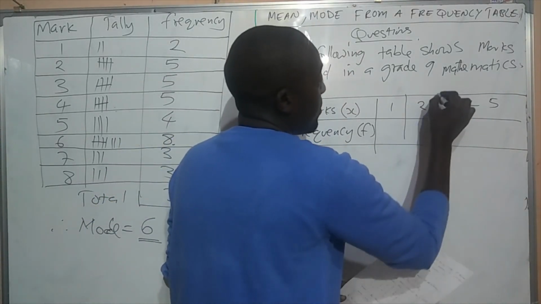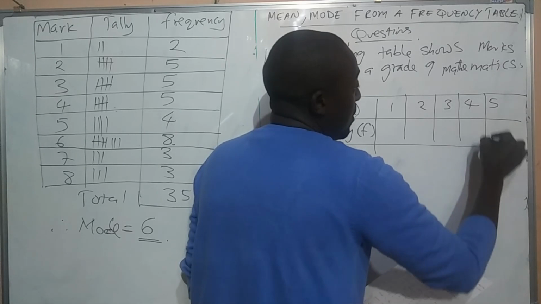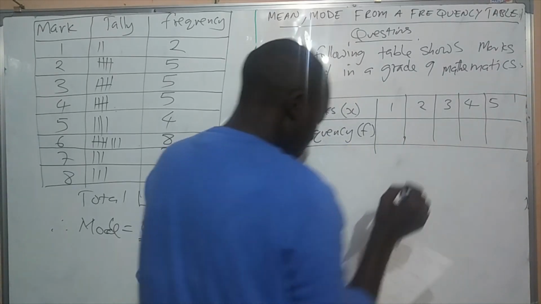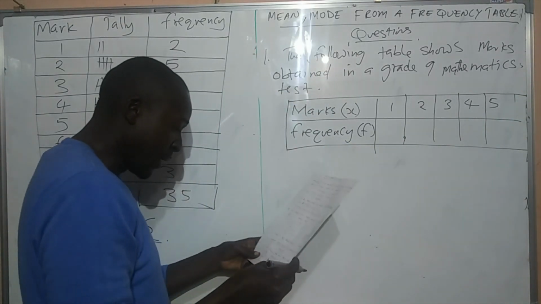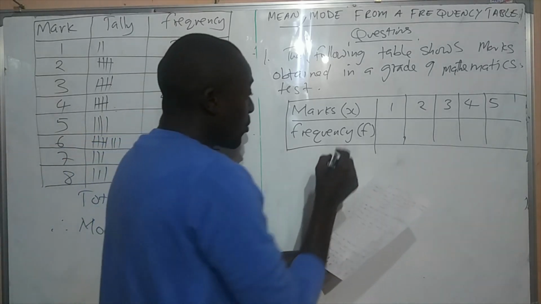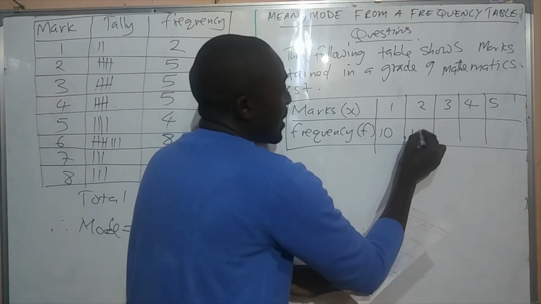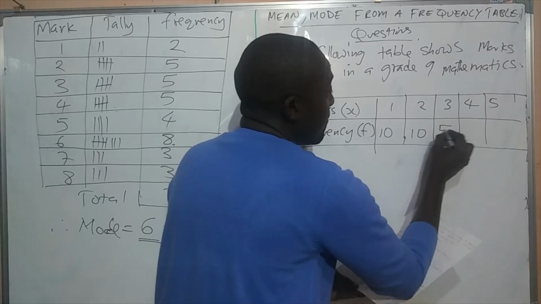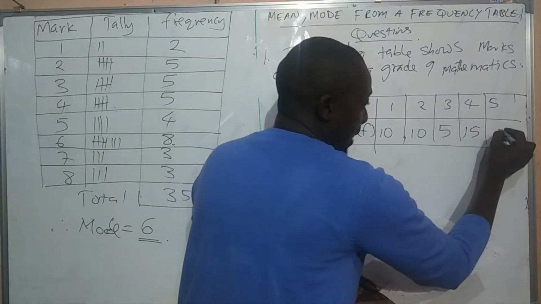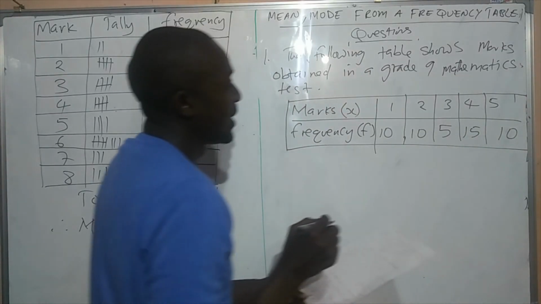The frequencies are 10, another 10, 5, 15, and then another 10.